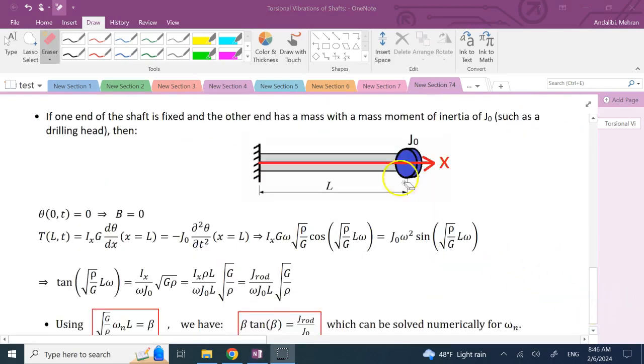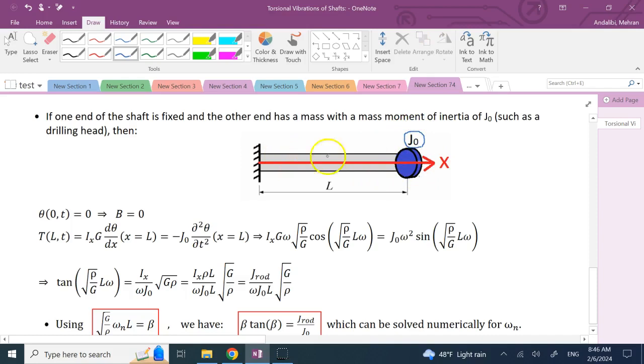Now, one more thing I want to show you is one other boundary condition that might be interesting, when one end of the shaft is fixed, the other end is attached to a disk, an object that has a mass moment of inertia of J naught.